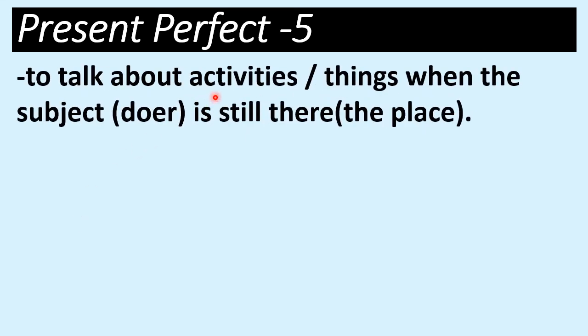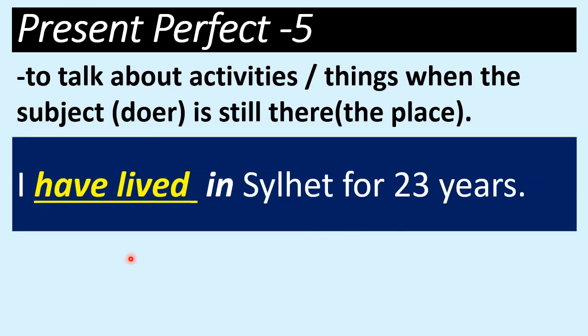We can use present perfect to talk about activities or things when the subject, I mean the doer, is still there, the mentioned place. Look at the sentence. I have lived in Sylhet for 23 years. It's an example of present perfect. I've used have plus V3. It means that I'm still living in Sylhet.